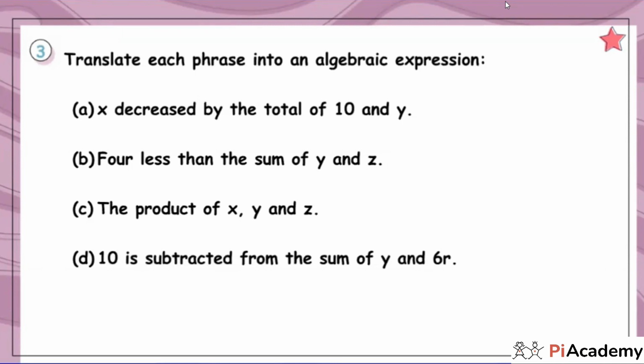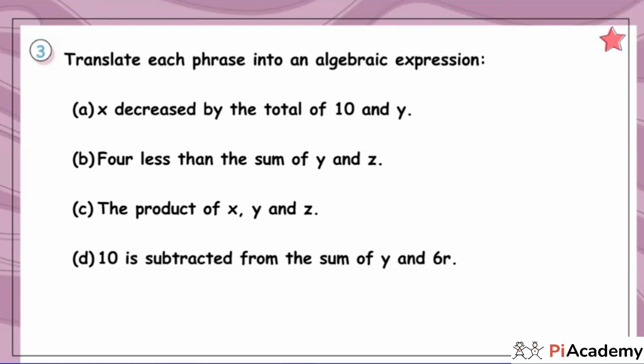For C, for multiplying, I'm using the letter X because my times symbol doesn't work. It's fine, it's fine.